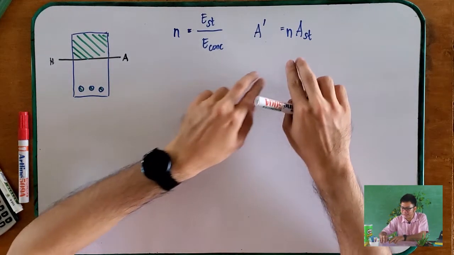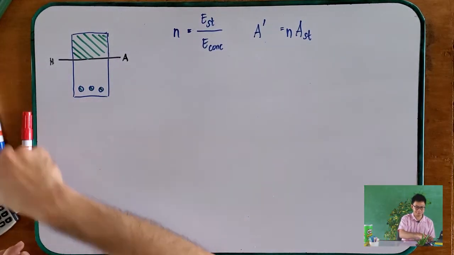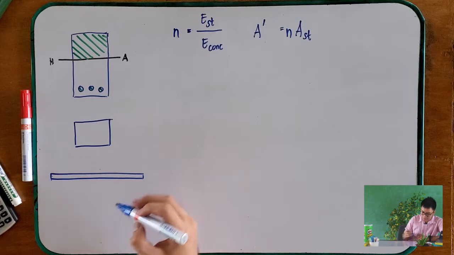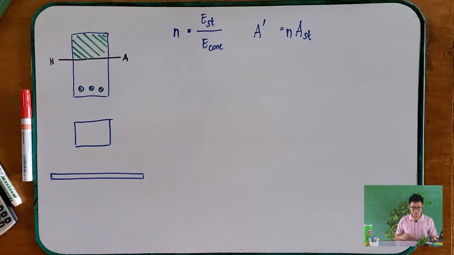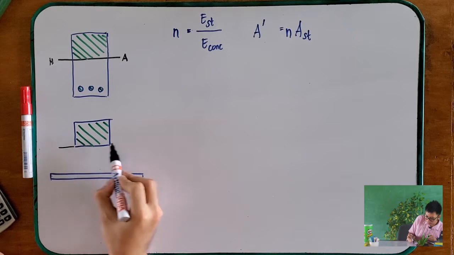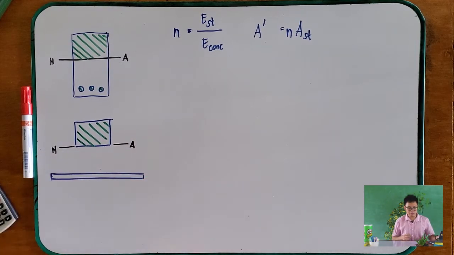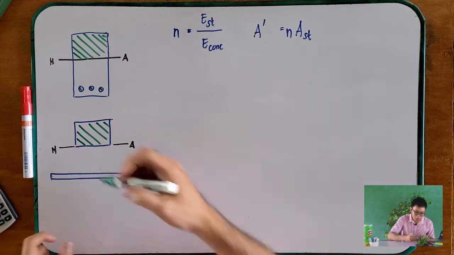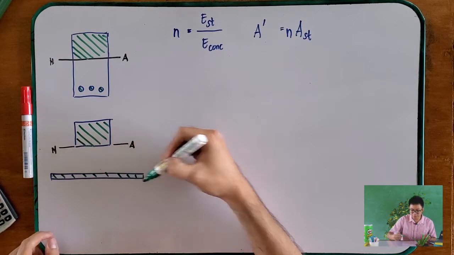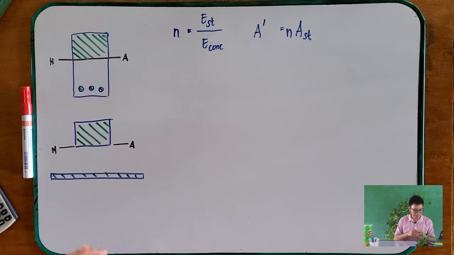And by transforming this area of your steel into this one, this is what happens. We converted the area of steel into an area of concrete.